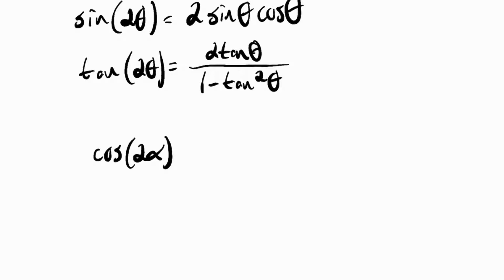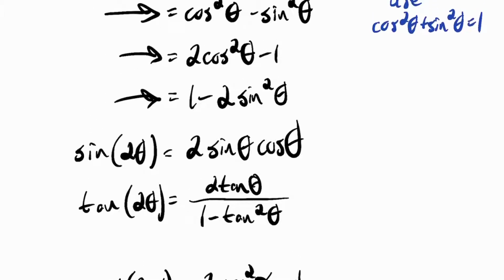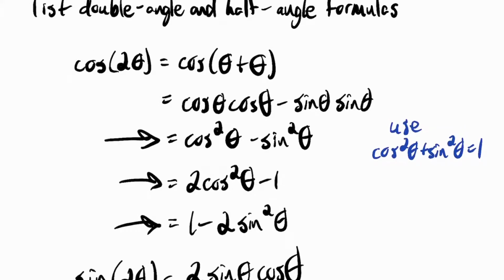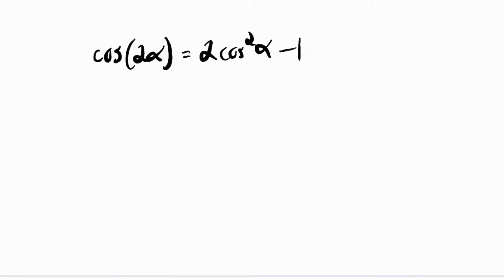And you'll see why in a second. Cosine of 2 alpha equals 2 cosine squared alpha minus 1. That's one of the double angle formulas for cosine, right? But I'm just using alpha instead of theta. You'll see why in a second.